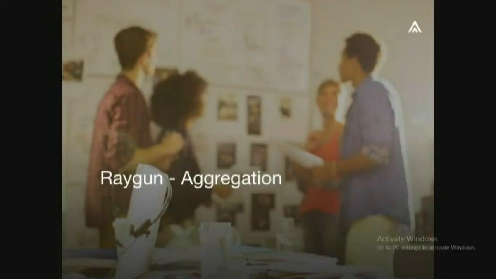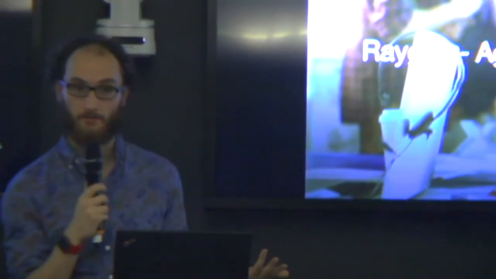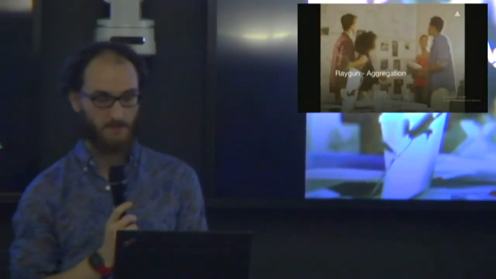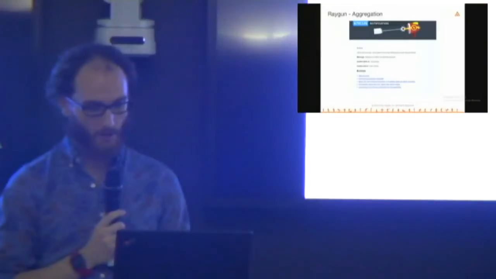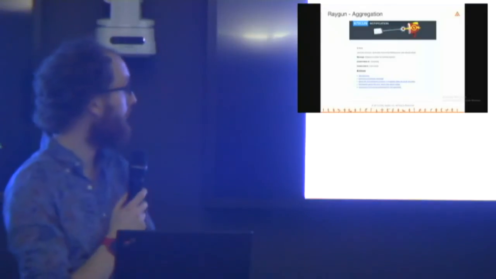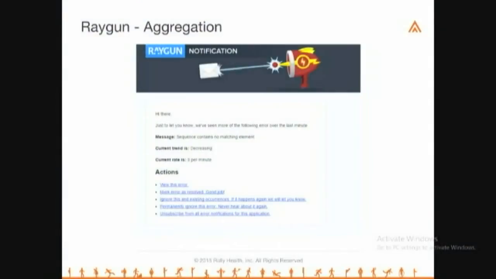Splunk is what we use to intentionally log things. I'm going to track this important part, a key transaction in our business process. Let's always look at that so that if something goes wrong, we can figure it out. Raygun is a different application. It's an agent that sits on our server, and it handles exceptions. This is an example of an email notification, and the contrast is bad on this one as well.